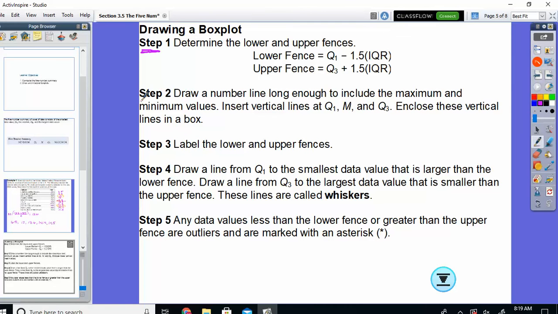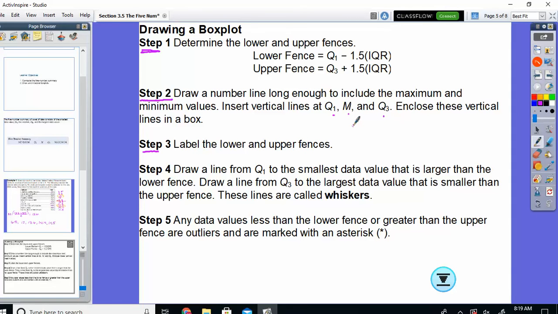Then we will draw a number line. I don't just want a box, I usually put a number line below it. So we'll have to make sure it's long enough to go from your minimum to your maximum values. We will label our vertical lines at quartile 1, median, and quartile 3.